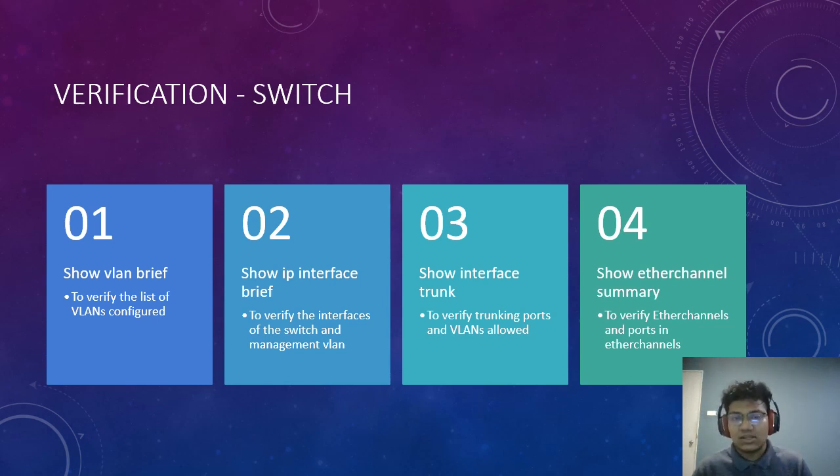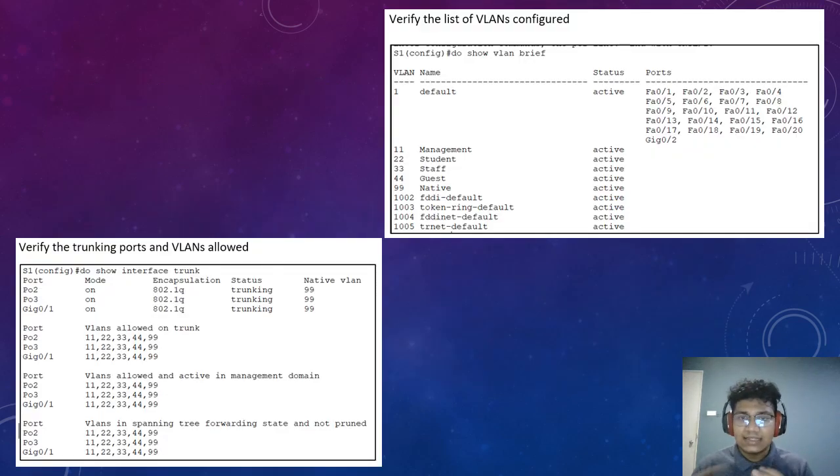Show interface trunk is to verify trunking ports and VLANs allowed on the ports, and also the native VLAN, whether or not it has been configured. Number 4 is show etherchannel summary to verify EtherChannels and ports in those EtherChannels. And lastly, show run I use to verify the configurations for each interface and check the default gateway of a switch. And these are some examples of verifications.